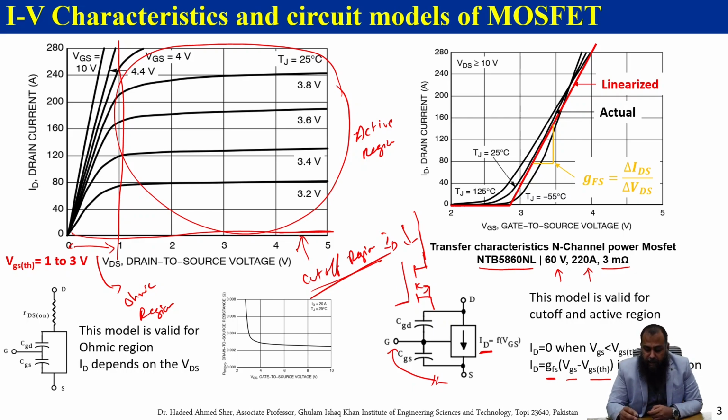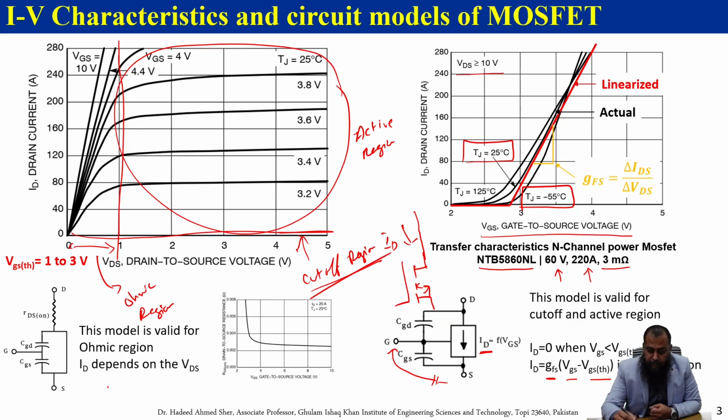For example, in this data sheet we have a graph which represents the drain current as a function of the gate to source voltage, where VDS is greater than or equal to 10 volts. Here you can see different curves for different junction temperature values. The one in the middle represents a junction temperature of 25 degrees centigrade. Then we have 125 degrees centigrade, and the third one, let me highlight here, is at minus 55 degrees centigrade.